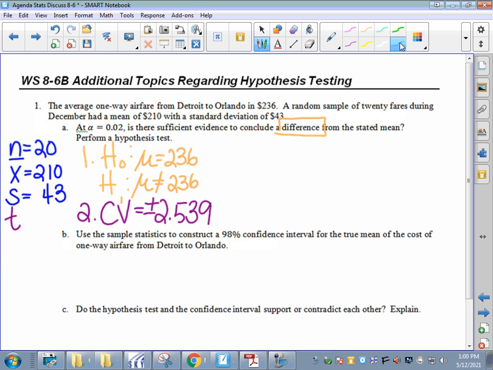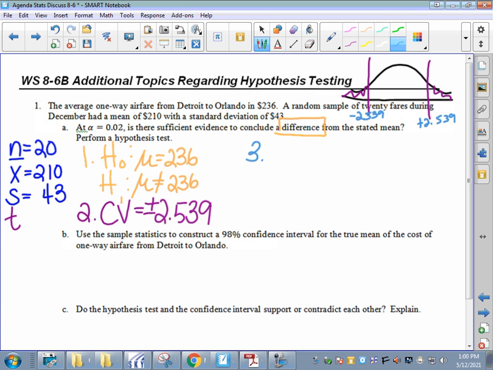So then step 3 is to find our test statistic so we can compare it. Remember, for you visual people, I'll just get it up here. Here's my two-tailed test. This line right here is a positive 2.539. This dividing line here is a negative 2.539. So I'm going to see where my test statistic falls.